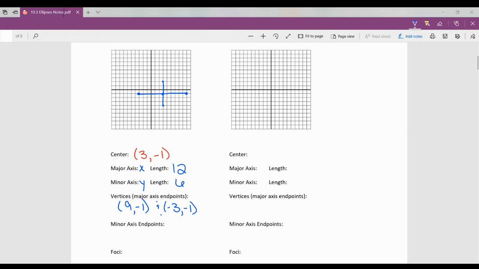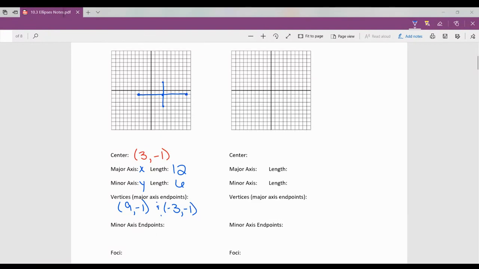So those are right there and right there. My minor axis endpoints are going to be 3, 2, from when we counted up 3 from my center, and 3, negative 4, from when we counted 3 down from my center.